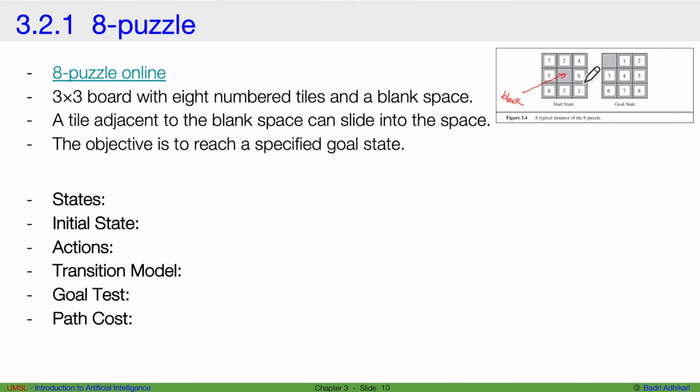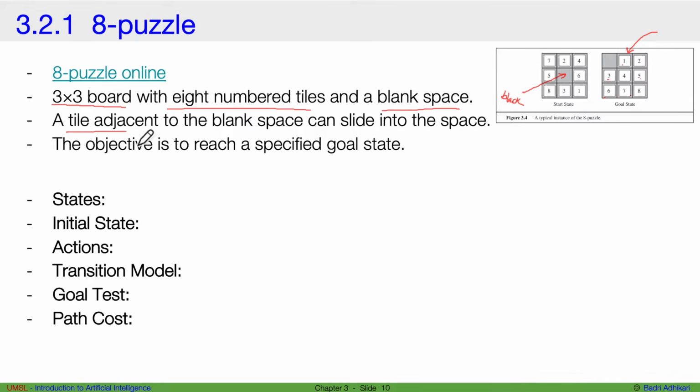And the goal is to move these blocks into the blank space repeatedly so that eventually we reorganize the blocks into something that looks like this, say, for example, numbers ordered according to their sequence. So the problem is that we have a 3x3 board with 8 numbered tiles and a blank space.